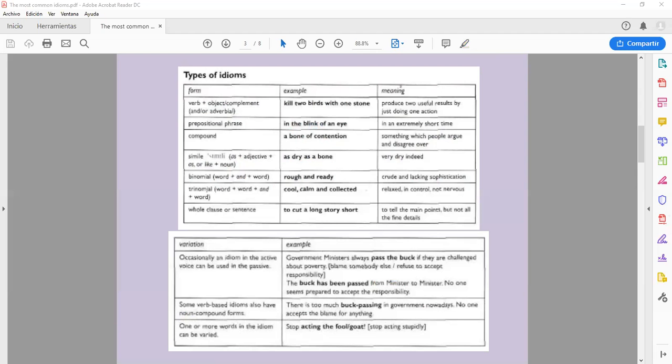Okay, so some examples about it. Let me write my example in the chat.